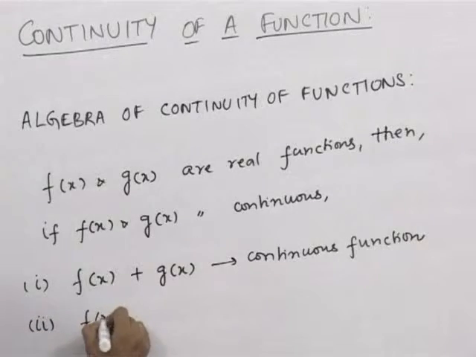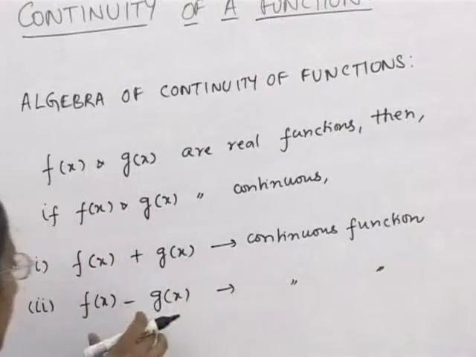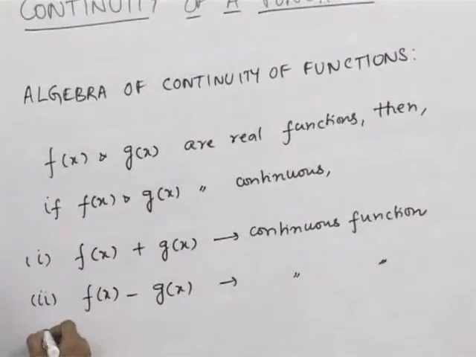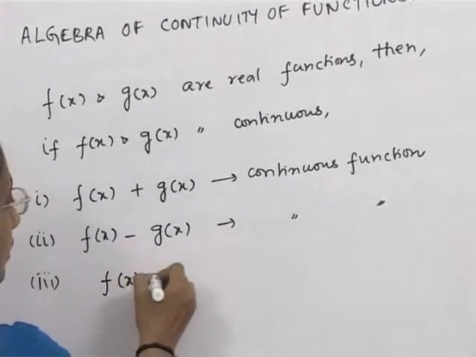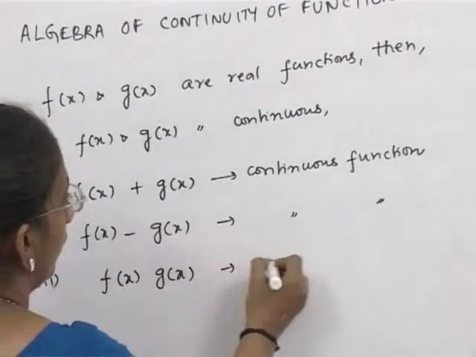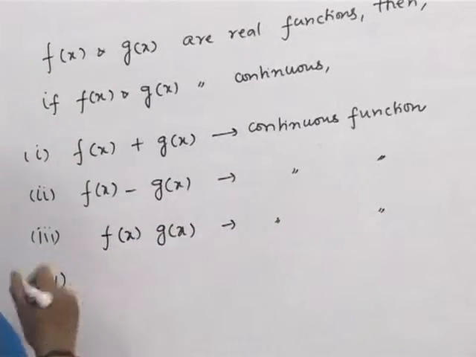Similarly we have f of x minus g of x also to be a continuous function, that is the difference of two continuous functions is again a continuous function. Now we have f of x into g of x also to be continuous, which means that the product of two continuous functions is again a continuous function.